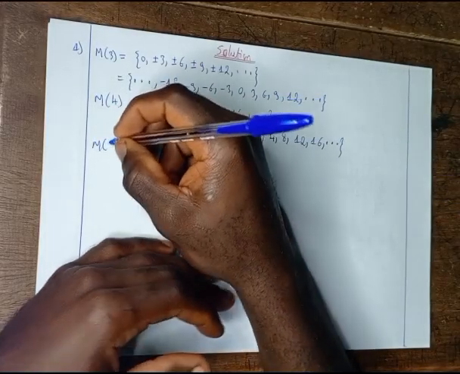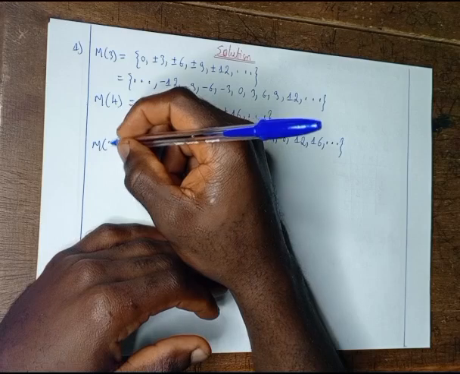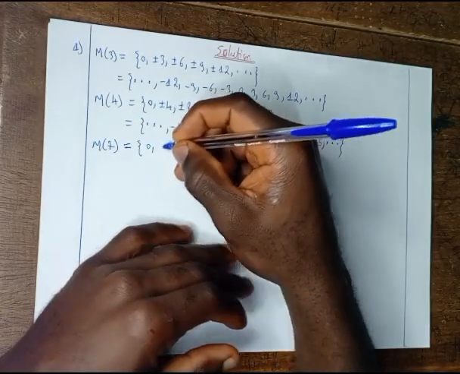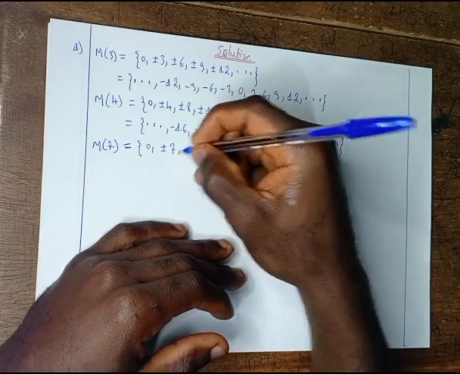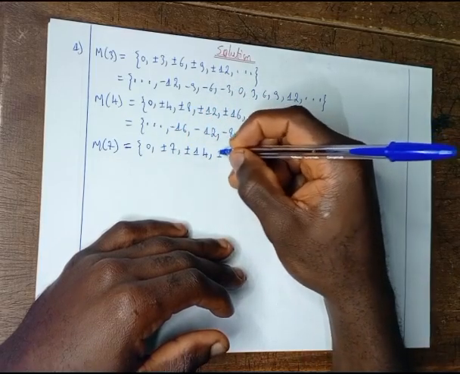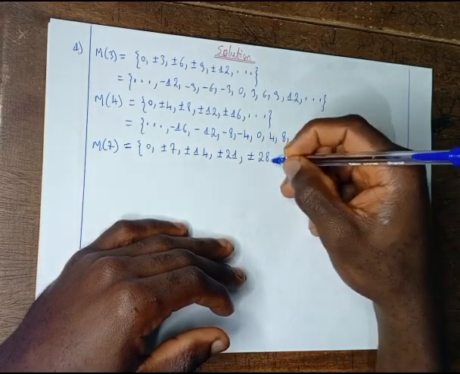Next one, you have the multiples of the number 7. This will give us 0, plus or minus 7, plus or minus 14, plus or minus 21, plus or minus 28.